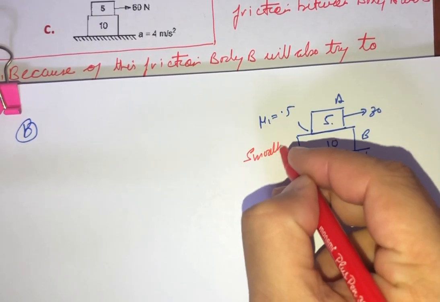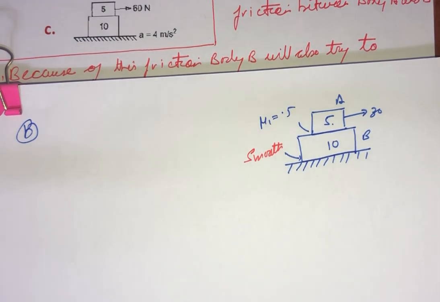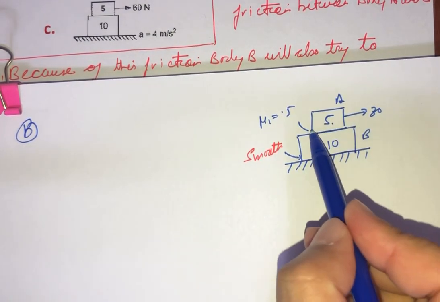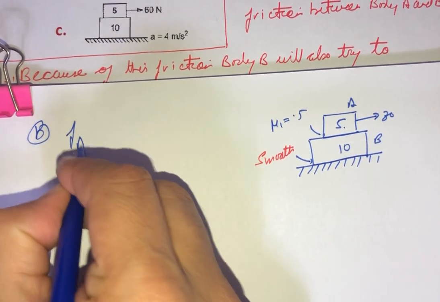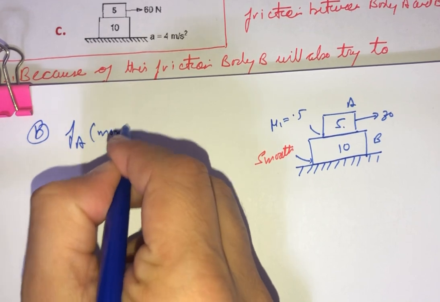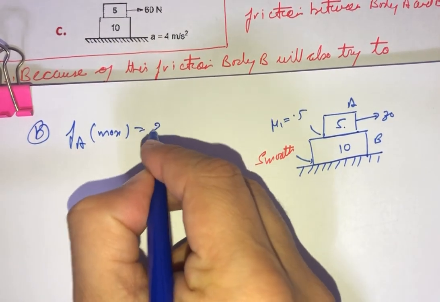It means no friction. So we already calculated FA max. Let me write it here. FA max is equal to 25 Newton.